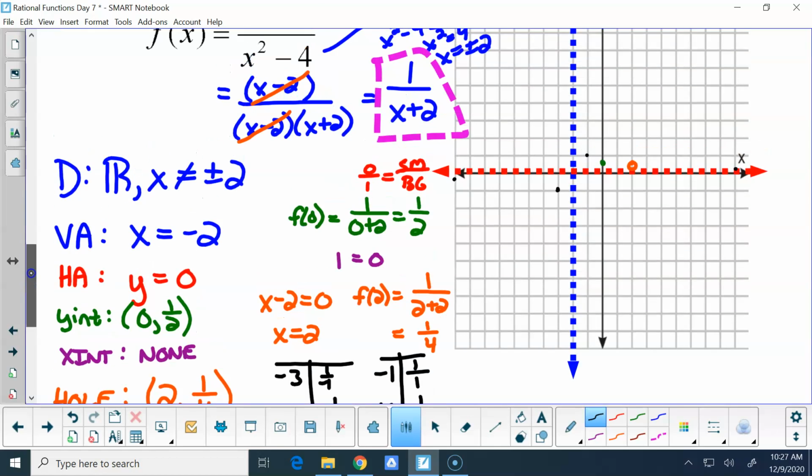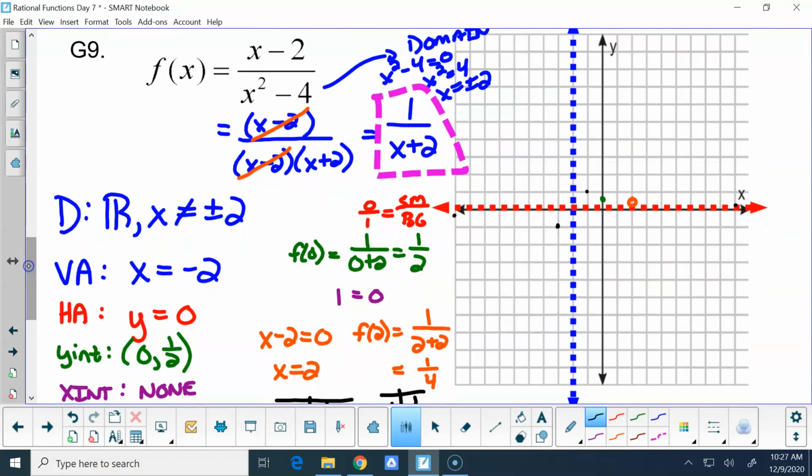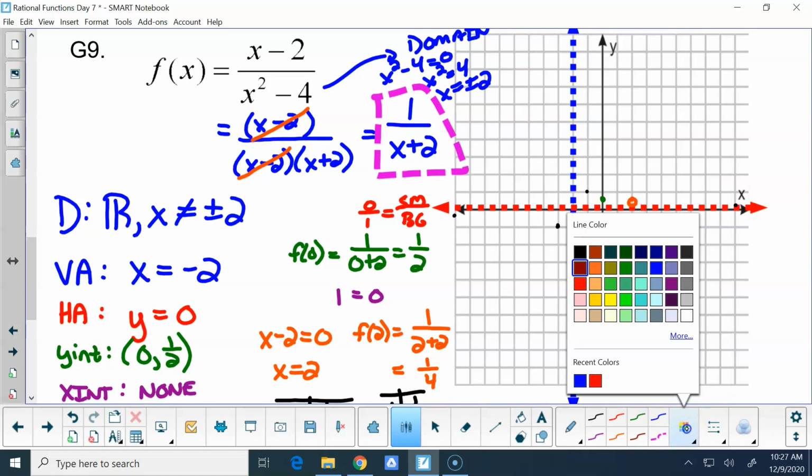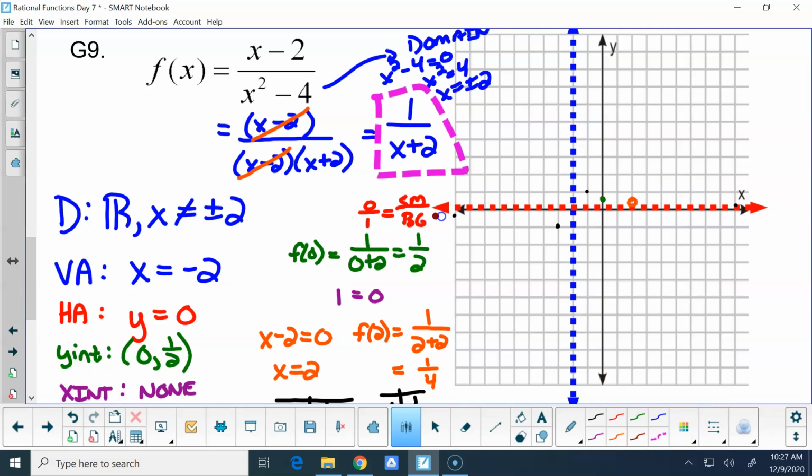Okay? Now, here is how we draw our graph down. On the non-hole side, we just draw it normal.